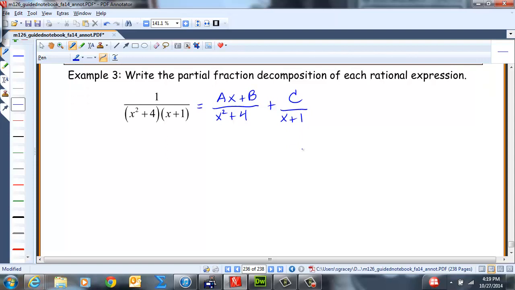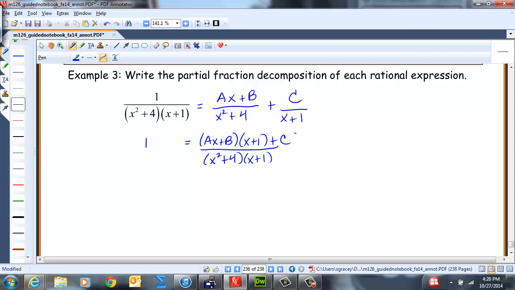So now, moving on to do some work, we'll have 1 is equal to our common denominator, which is x squared plus 4 times x plus 1. So (ax plus b), be careful to put parentheses around it, is going to be multiplied to x plus 1.